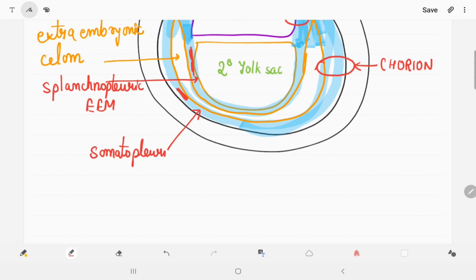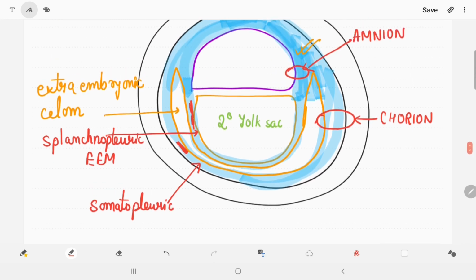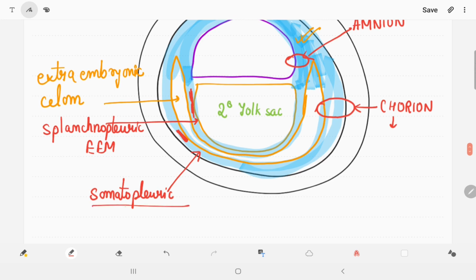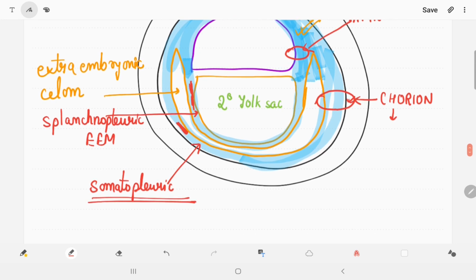So now if I ask you what the chorion is made up of, the chorion is made up of somatopleuric extraembryonic mesoderm with the cytotrophoblast, the inner layer of the trophoblast. So yes, somatopleuric combined with the cytotrophoblast has formed my chorion, right?